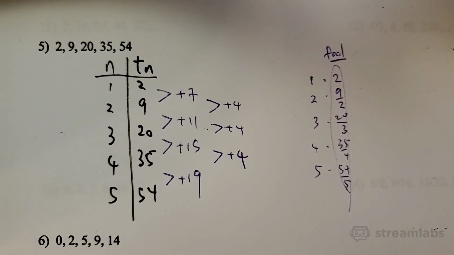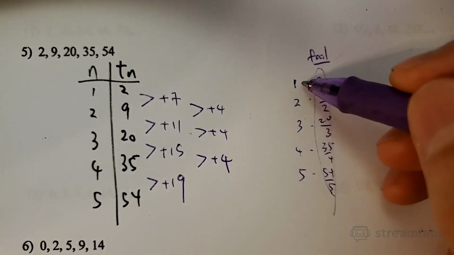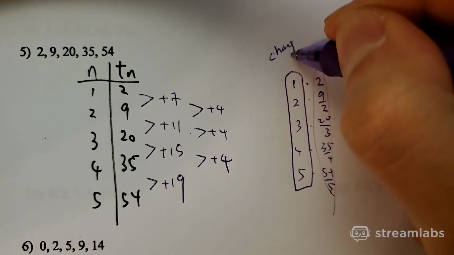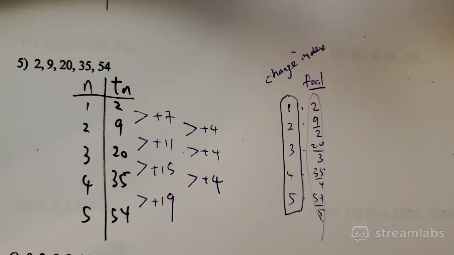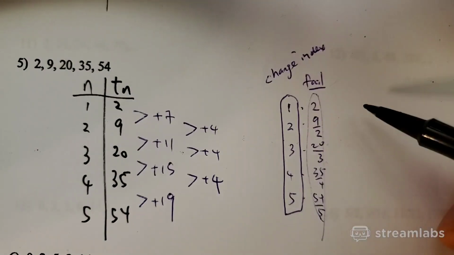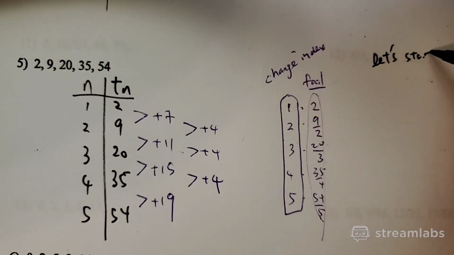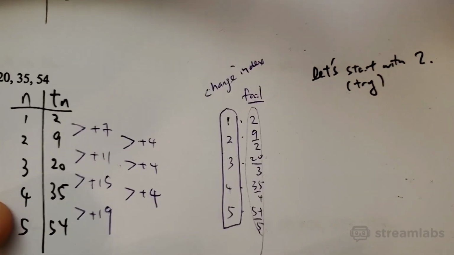Okay, so our way to fix this problem is to change the index. How do we change the index? So instead of starting with 1, let's start with 2 instead. We're going to try with 2.